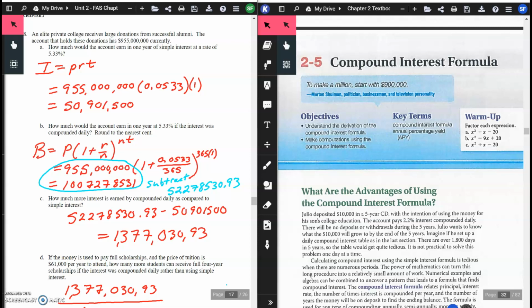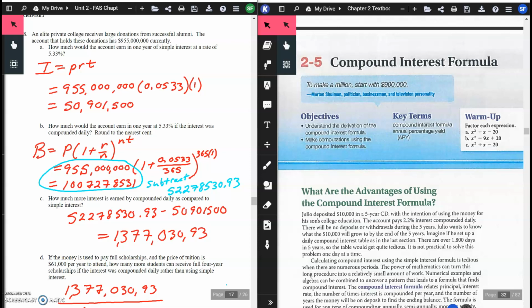That gives you $1,778,531. When you subtract the two, you'll see that you have a vast difference. So you had a little bit more money when you compound daily versus just one time per year.